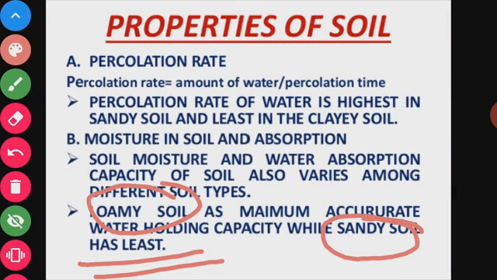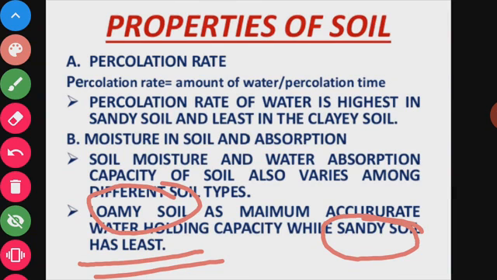If the moisture present in the soil is higher, we do not require too much irrigation for that soil. We can see moisture present in the soil by heating a small amount of soil in a test tube.